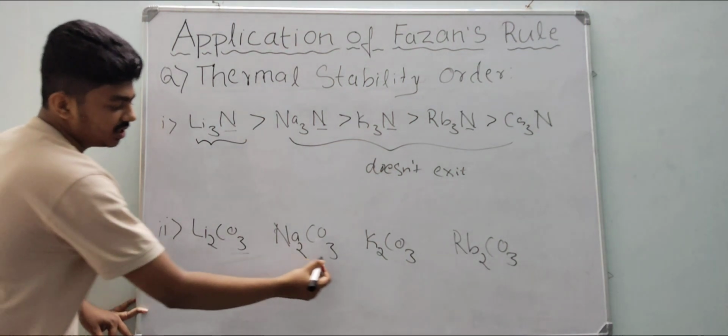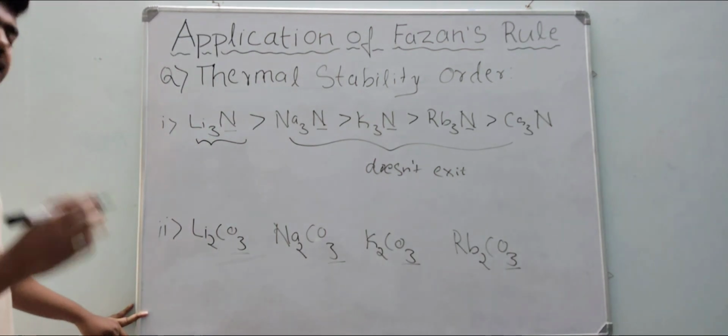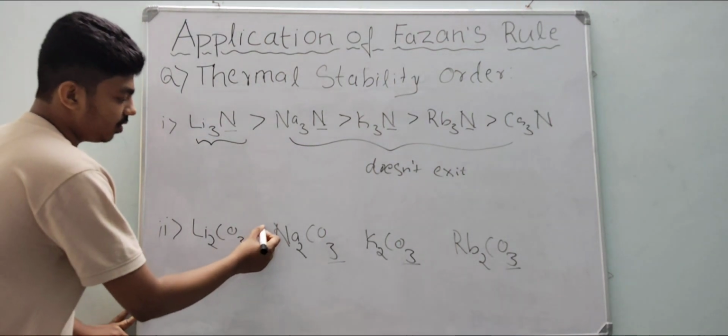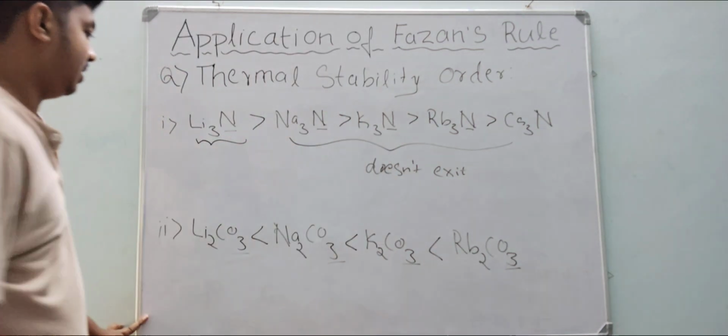Here the anion is polyatomic. That means more polarization means less stability. So the order of stability, or we can say thermal stability, will be this.